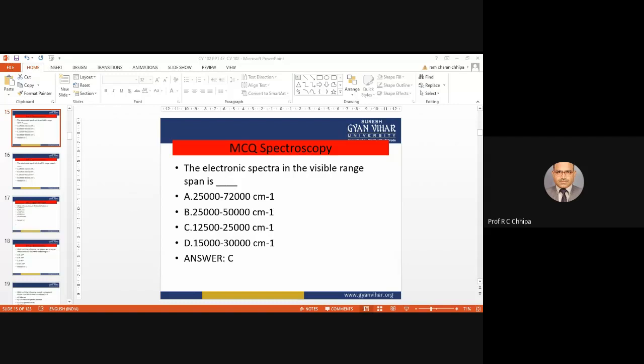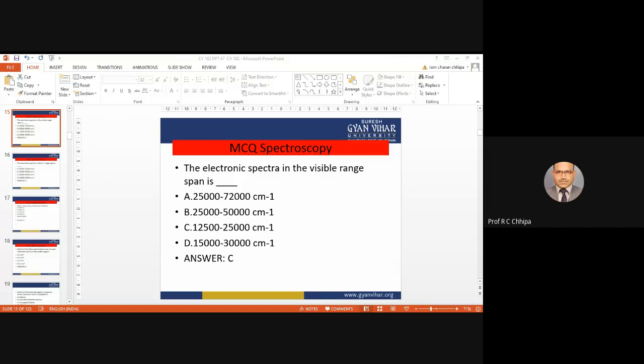So 1 upon 450 nanometer, times 10 raised to power minus 9, then certainly we get the value per centimeter. This one is called visible radiation. So we can calculate this as 1 upon, in case of the visible range, 400 to 800.